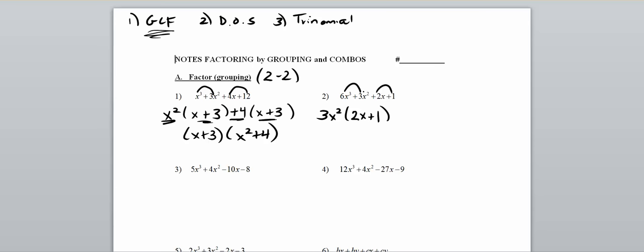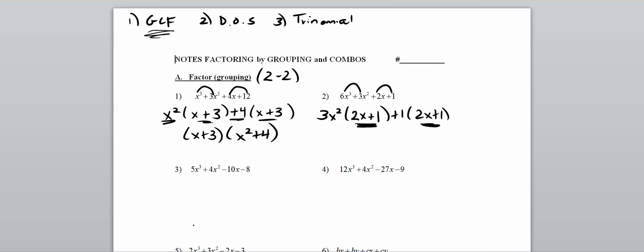Now, in the back of my mind, I want to know that 2x plus 1 is the binomial that I want to get. So if I look at what I have, well, I kind of already have it, but I still do need to pull out a common factor. And even though I don't think about it very often, if we pull out a positive 1 and divide through, I would get 2x plus 1, which would make this binomial and this binomial the same.